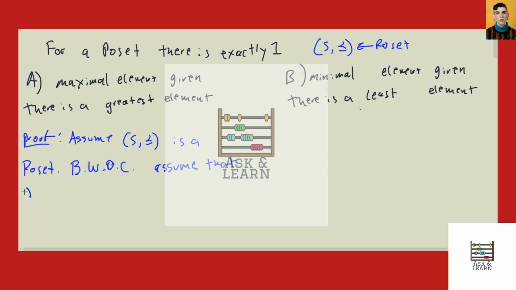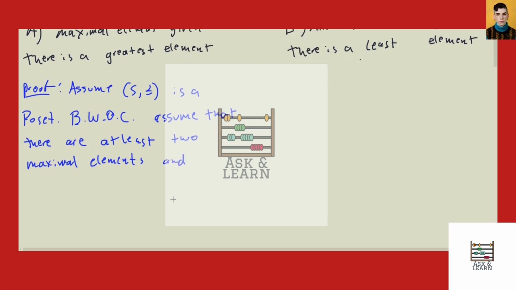Now by way of contradiction, assume that there are at least two maximal elements and a greatest element.